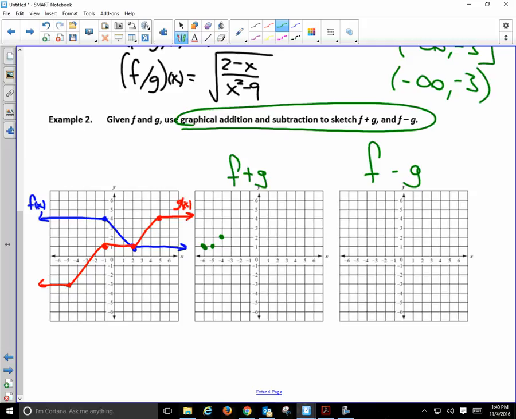We move to -3. I have 4 plus -1 is +3. At -2, I have 4 plus 0. At -1, I have 4 plus 1 is 5.